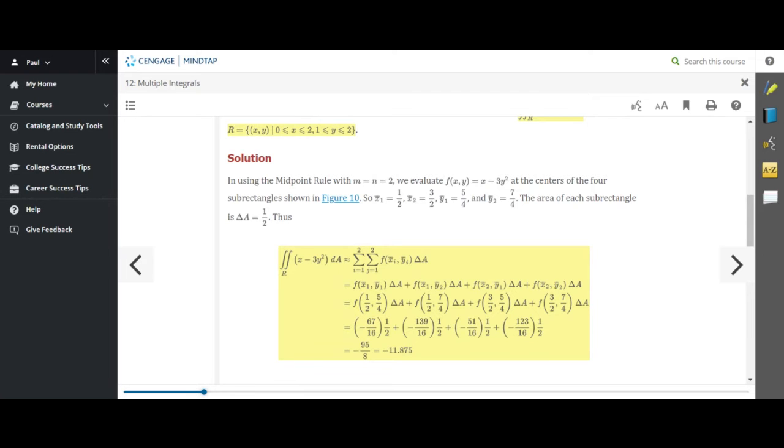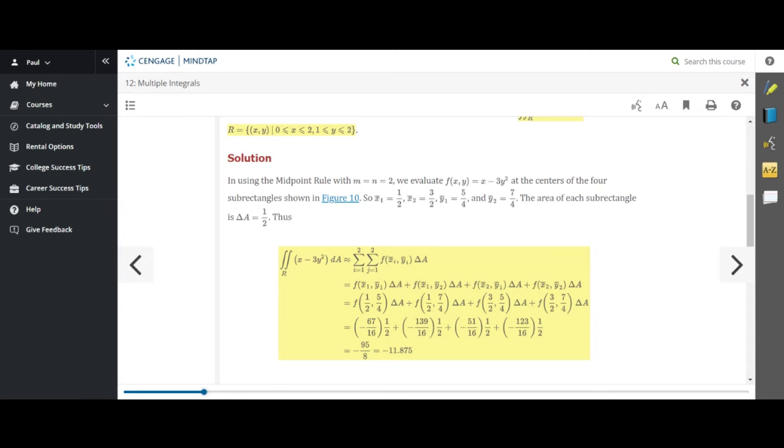Now the volume, oh my goodness, the volume's negative, right? We get negative 11.875. How can we get a negative volume? That's right, Ellie.